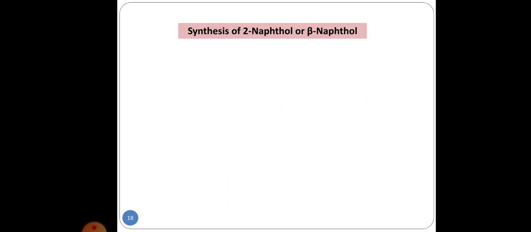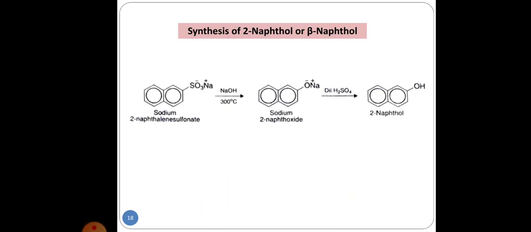Now, the synthesis of 2-naphthol or beta-naphthol. Here, for the preparation of 2-naphthol, the starting material used is sodium 2-naphthalene sulfonate. 2-naphthol is obtained by fusing sodium 2-naphthalene sulfonate with sodium hydroxide at 300 degrees centigrade.